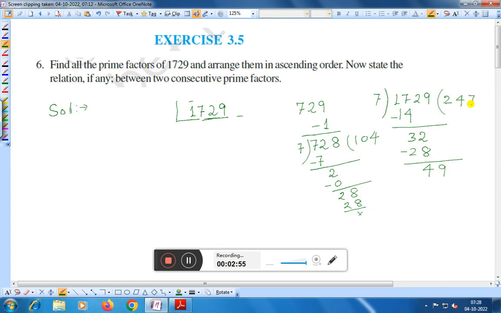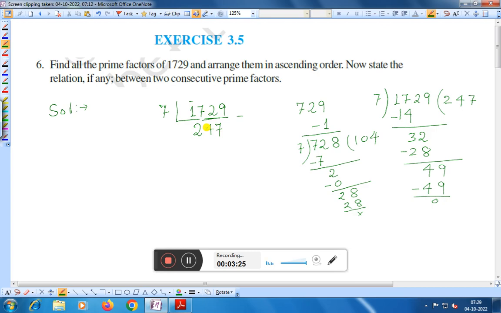And 7 times 7 is 49. Therefore, 1729 is divisible by 7, and if we divide this number by 7, we get 247.